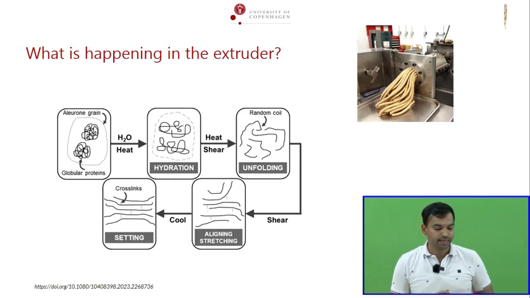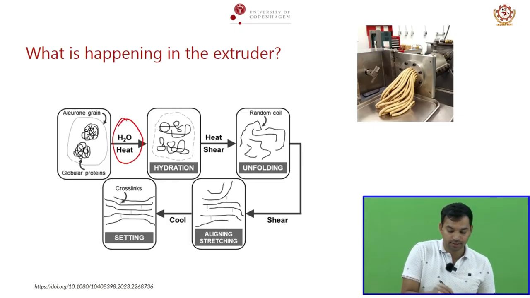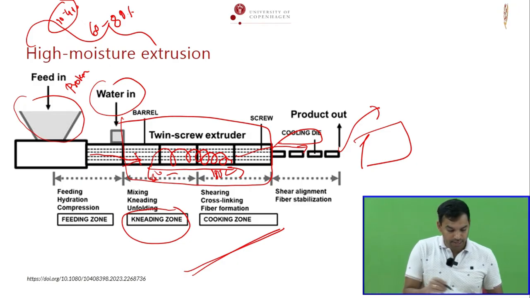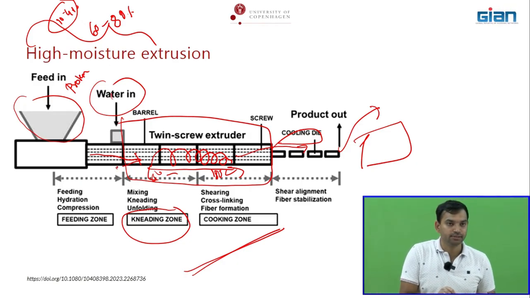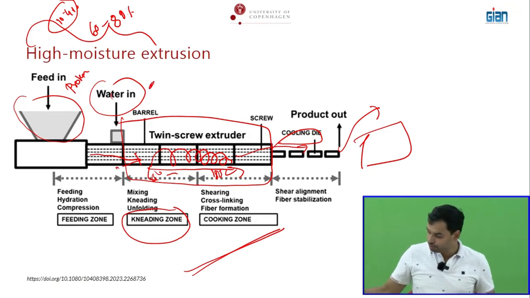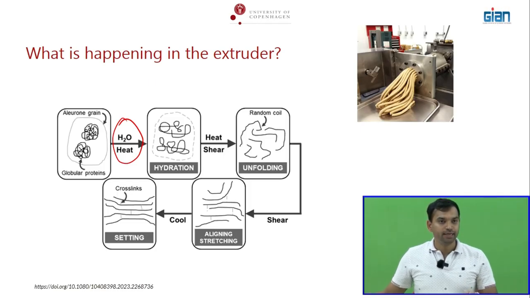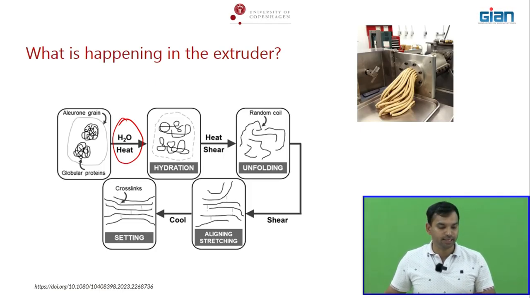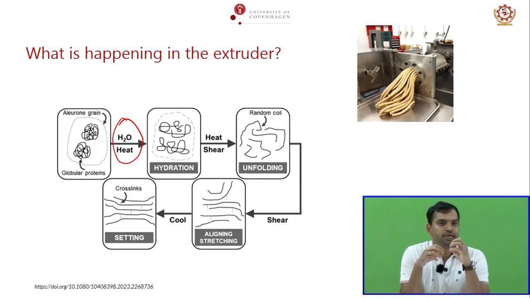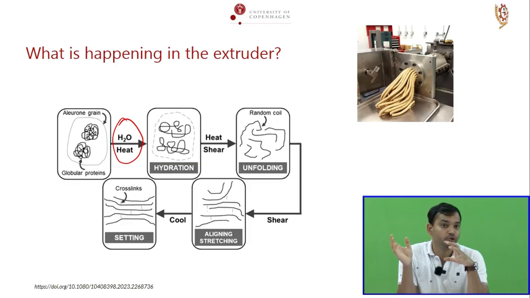The first one is that in this particular zone here, you mix it with water, and the temperature can be like 40, 50, 60 degrees Celsius, right? Some proteins have a denaturation temperature of 50, but some usually have 80, 90, 100 and something like that.